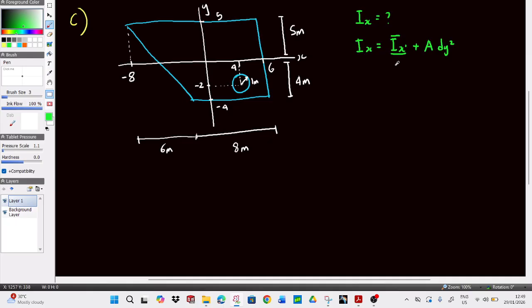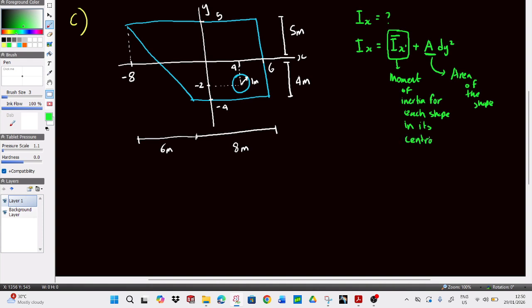I think if I use A here, it will be very confusing. But this Ix prime, what does it refer to? It's basically referring to the moment of inertia for each shape in its centroidal axis.